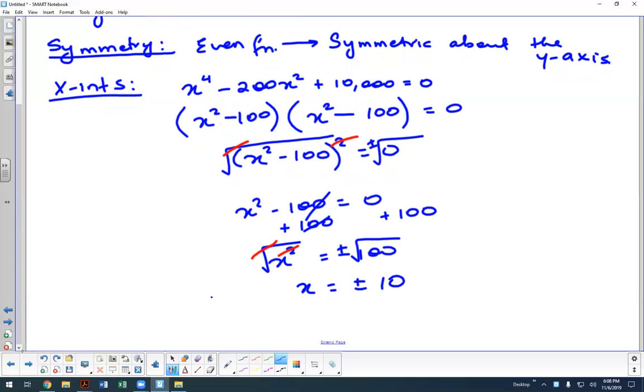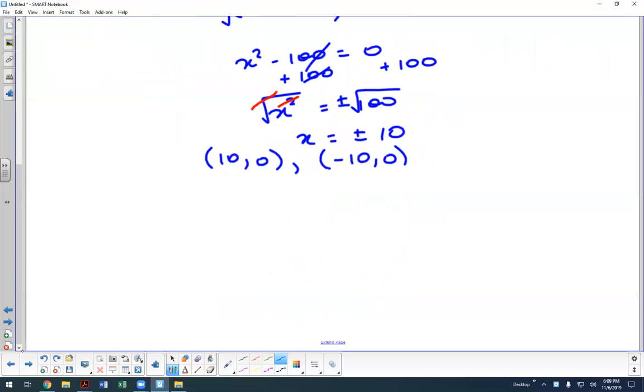So that's going to be 10, 0, and negative 10, 0. Now you really have to think about this because we've done a lot of square roots at this point. What was the original multiplicity for these roots or x-intercepts?